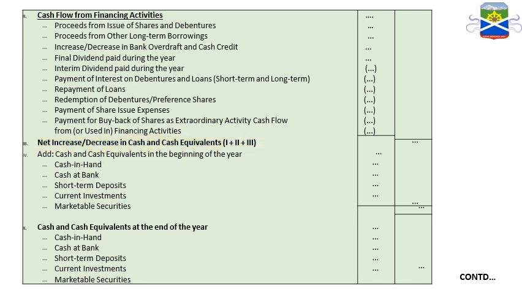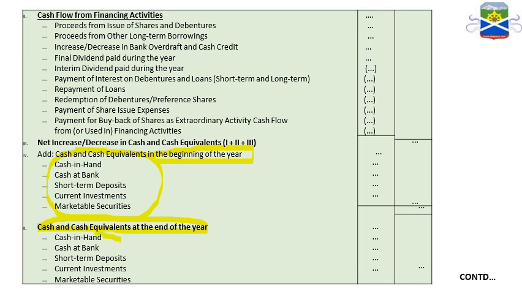In the same way, we add the net increase or decrease in cash equivalent. With that, if we add the opening balance of cash and cash equivalent, that is the beginning of the year balance, then we'll get the cash and cash equivalent at the end, that is closing cash and cash equivalent.